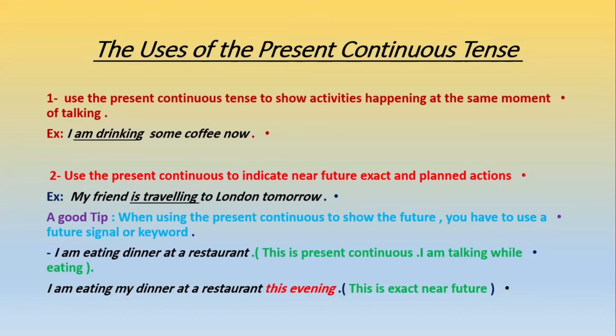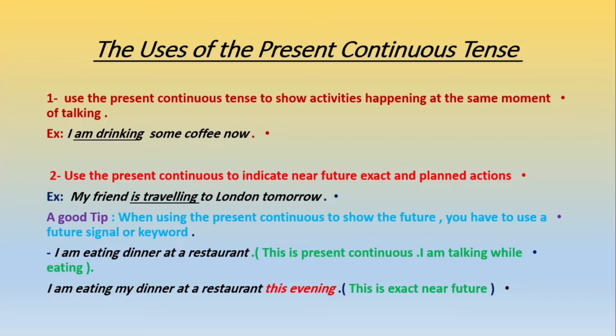For example, the first one I just mentioned: we use the present continuous to show activities going on at the same moment of talking. I'm drinking some coffee, I'm drinking now while talking to you. I'm eating a sandwich, I'm eating now while talking to you. They are watching a film, I can see them watching a film while I'm talking to you. So the action is going on now while talking. This is simple and easy.